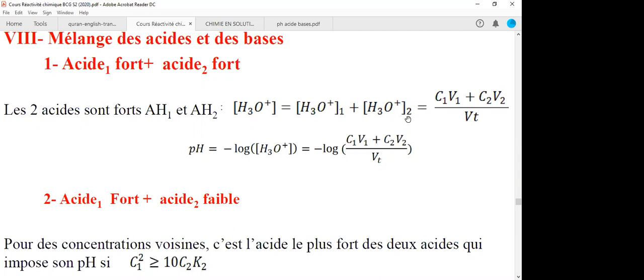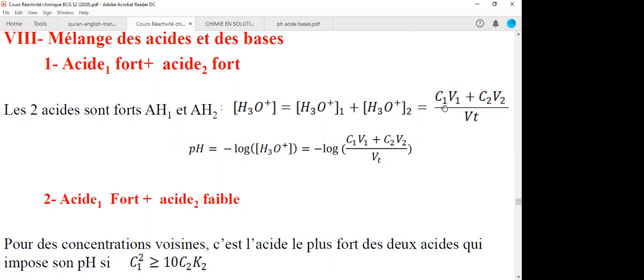Now, from acid 1, we know from the mole concept that concentration 1 times volume 1 gives the number of moles for acid 1. If we want to find the number of moles for acid 2, we say concentration 2 times volume 2.